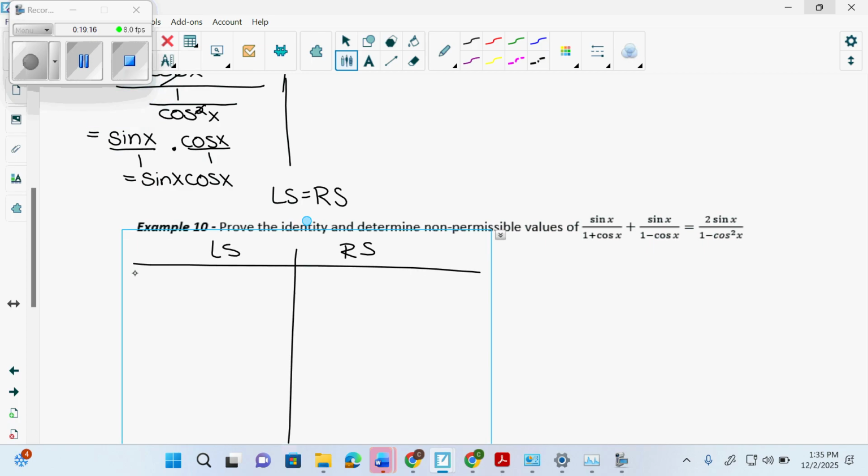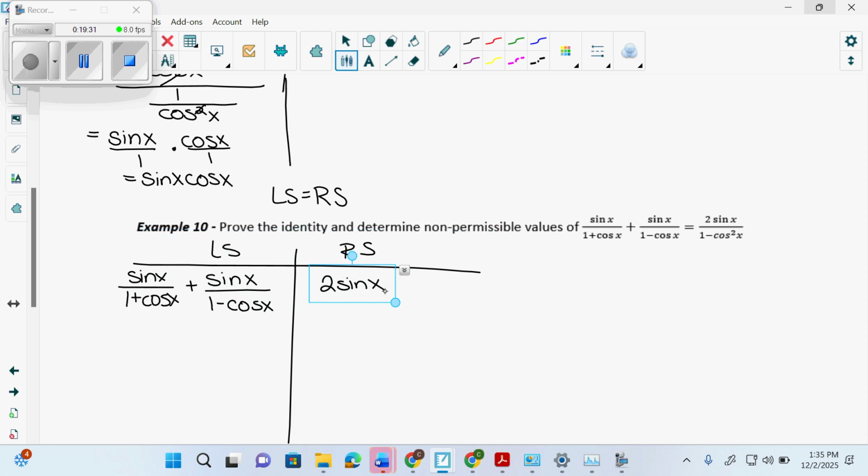I'm going to get sine x over 1 plus cos x, and then plus sine x over 1 minus cos x, which is conjugates, equals 2 sine x over 1 minus cos squared x. And you have to stop yourself. Even if you see 1 minus cos squared x in difference of squares, you can't do that, because the first step is to rewrite it.